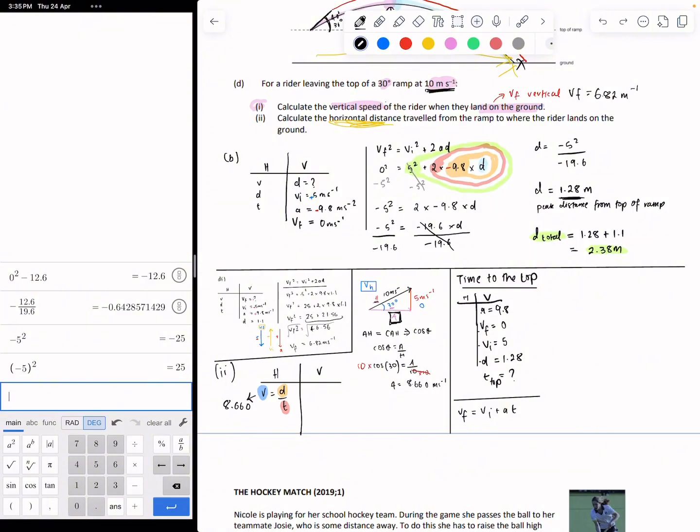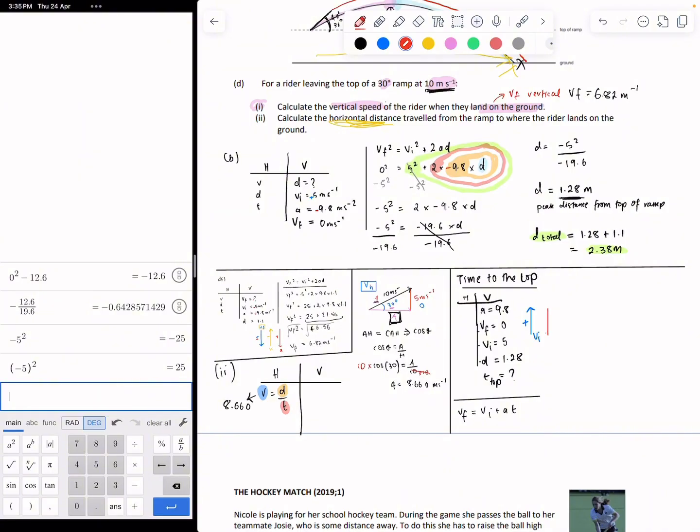Something that we have to do is define our positives and negatives. So if we think about it, initially, the rider is moving upwards. So the initial velocity is going to be positive. That's our anchor vector. VF is 0, so we don't have to worry about that.